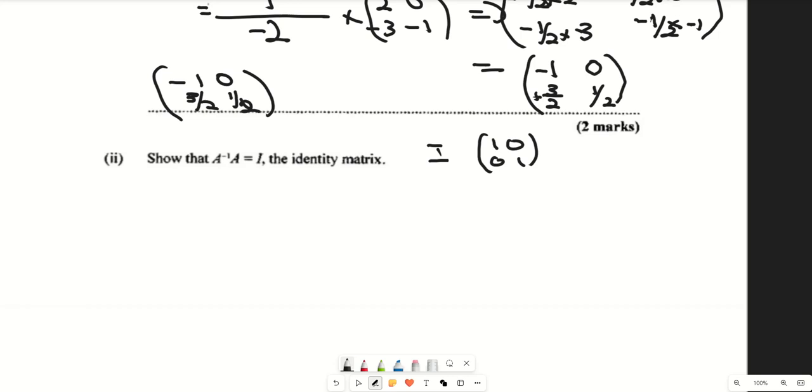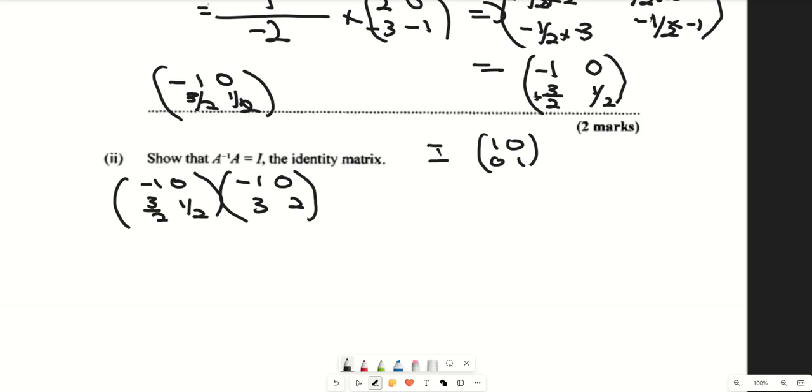So we multiply A inverse, which is -1, 0, 3 over 2, 1 over 2, by A, which is -1, 0, 3, 2.